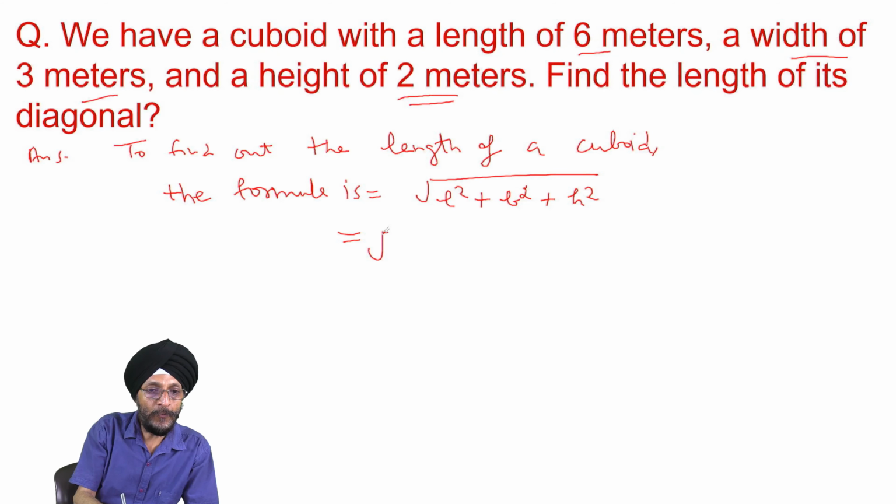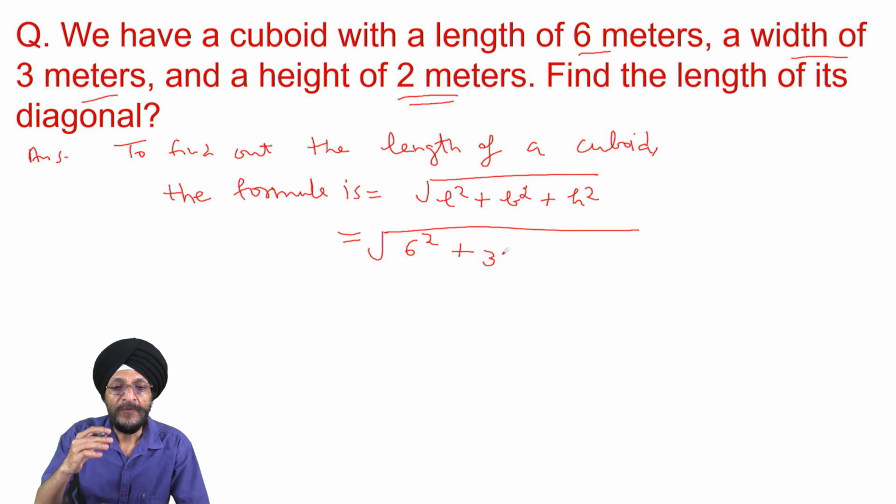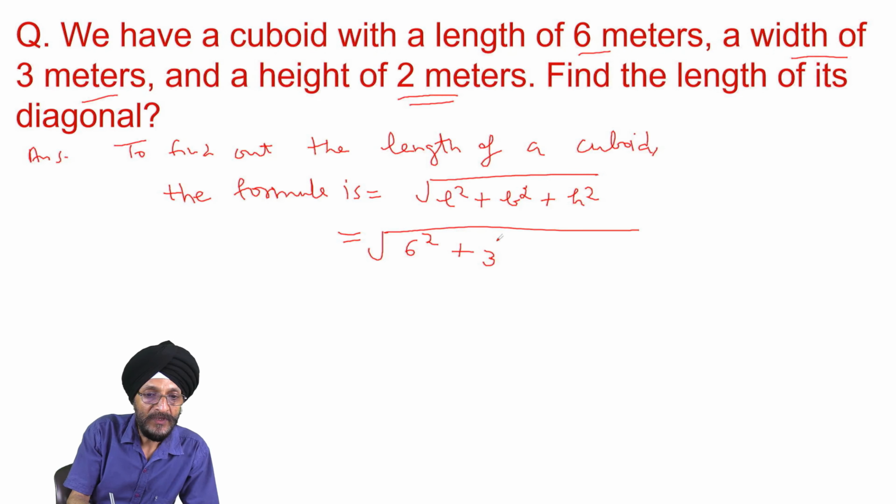Now we are to put in the values of length, width, and height. What is the length? 6 square. What is the breadth? Breadth is 3. Width is also known as breadth. 3 square plus height.